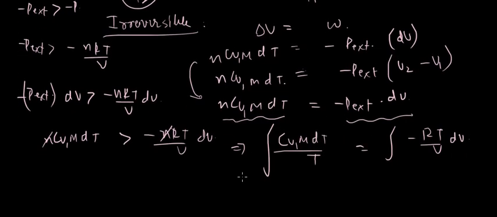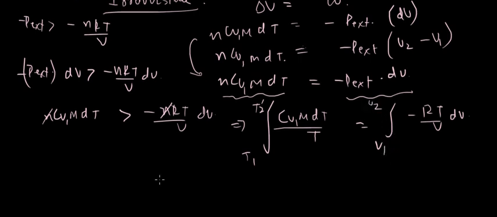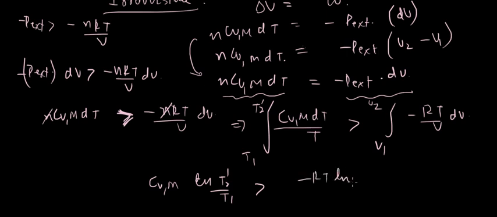So it would be going from T1 to T2 dash, and the volume ranges would still remain the same. So this would be Cv,m ln T2 dash upon T1, and this would be greater than minus R ln V2 upon V1.